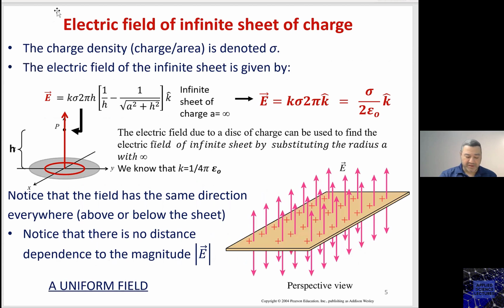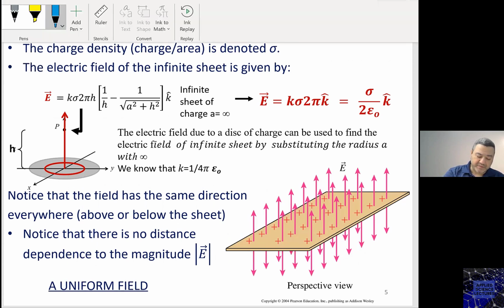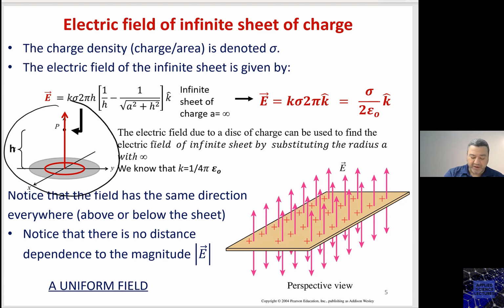So this is the case we derived the infinite sheet of charge from. If you recall, this is the electric field we derived by applying the integration. Now, if you take the radius of this disk of charge, which is a in this case, to infinity, this is going to result in infinity.